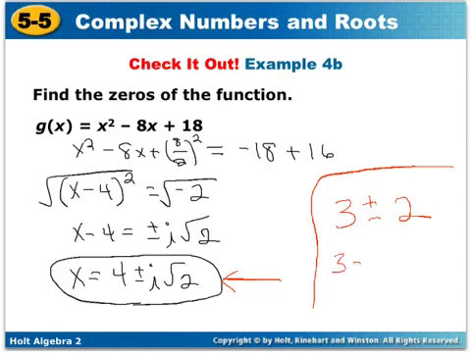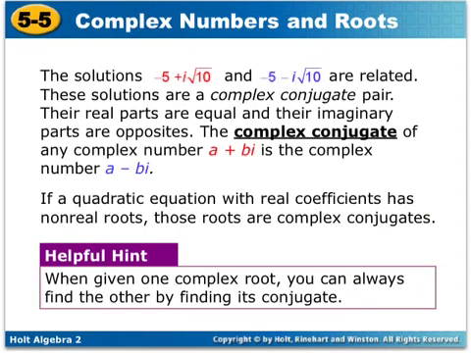That's the same as 3 plus 2 and 3 minus 2. So we get 5 and 1. Okay, that's a pair of things, and what we have right here is a pair of things. Let's go back. Okay, this one's actually simple as long as you just pay attention for a little bit.